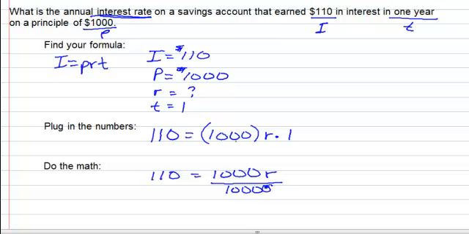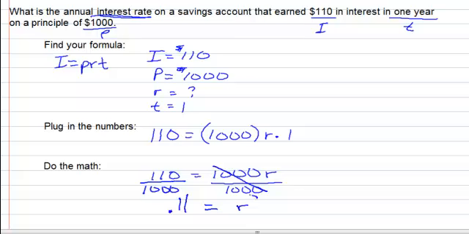There, that's better. And if we divide by 1,000 on one side, we need to remember to divide by 1,000 on the other side. 1,000 over 1,000, of course, is gone. And now we just take 110 and divide that by 1,000. And we get 0.11.